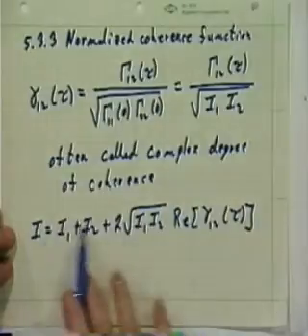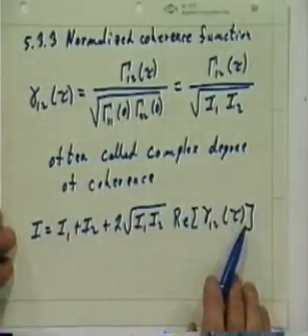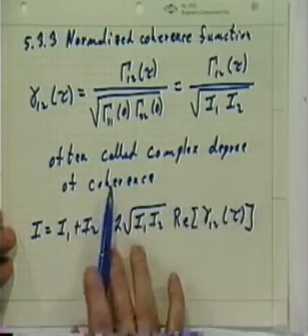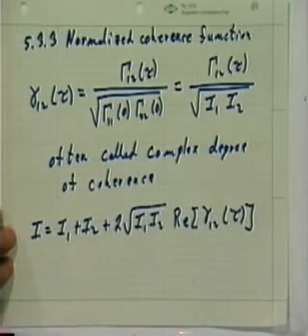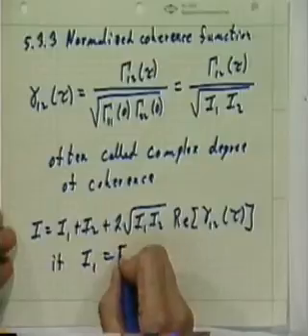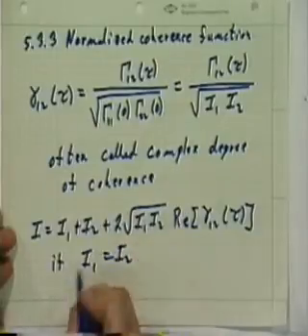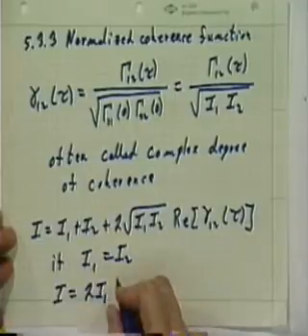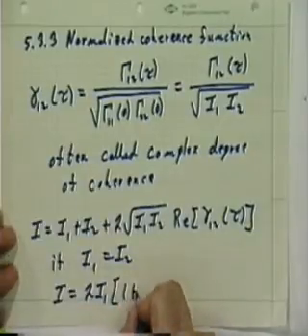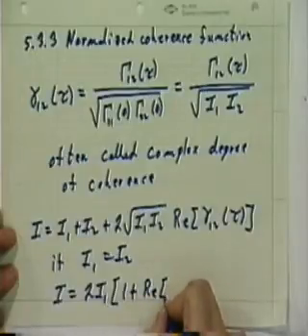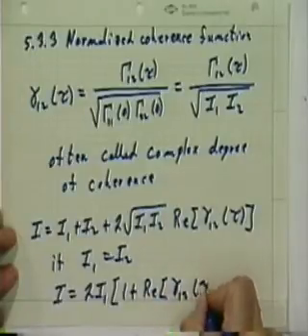We can rewrite that in terms of the complex degree of coherence or normalized coherence function. And if, let's say, I1 is equal to I2, we could write that I is 2I1 times 1 plus the real part of gamma 1/2 of tau.